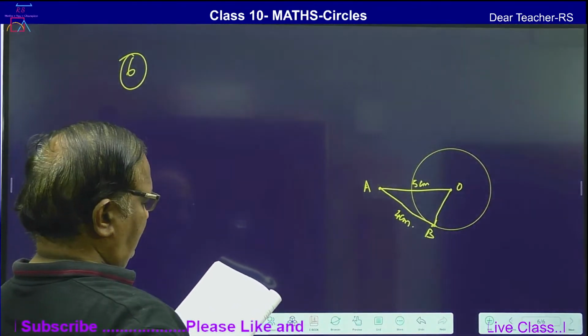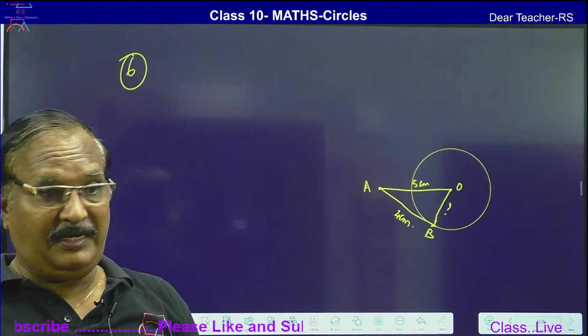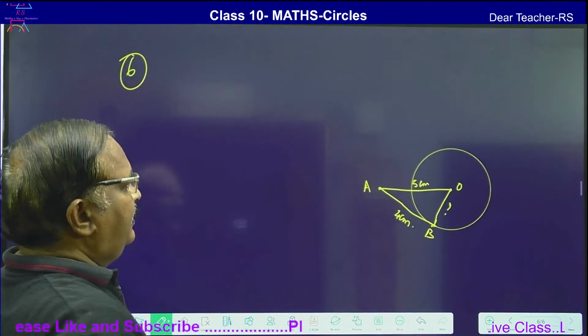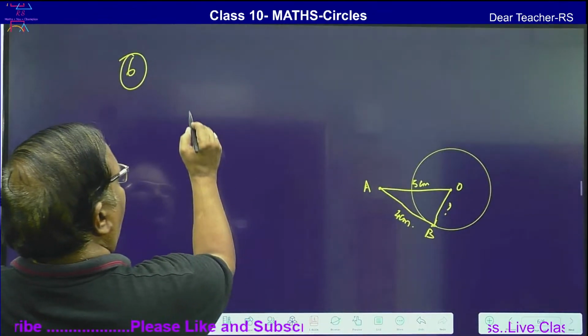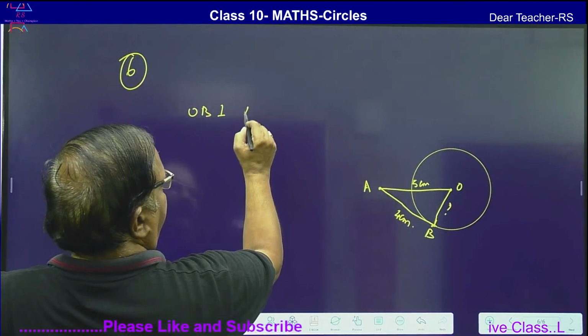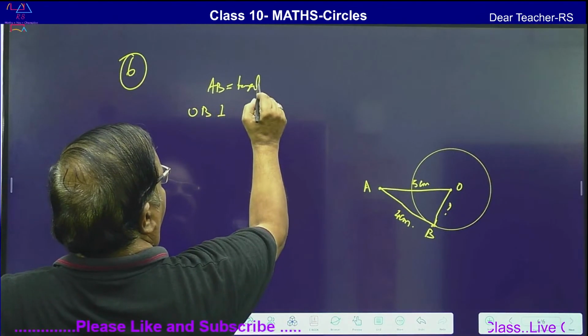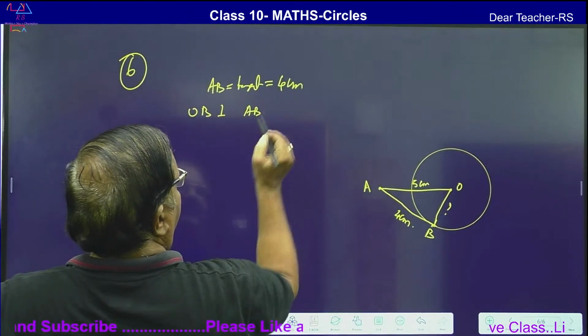Okay. Find the radius. It is like in the multiple choice questions. Okay. So OB is perpendicular to AB. AB is the tangent, which is equal to 4 centimeters.